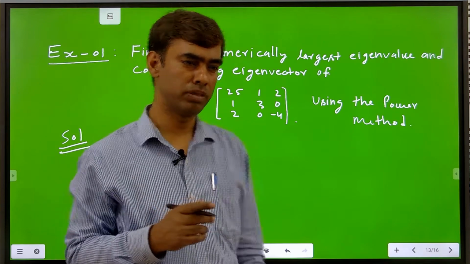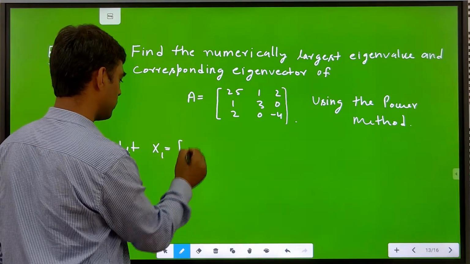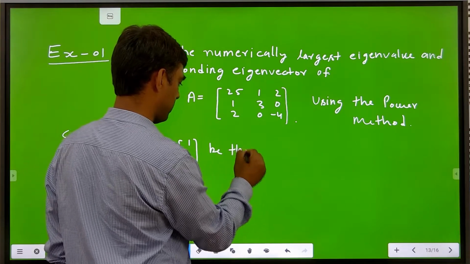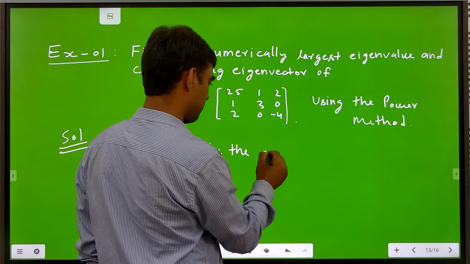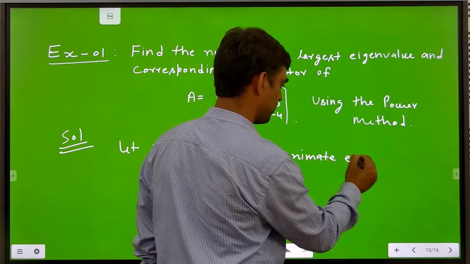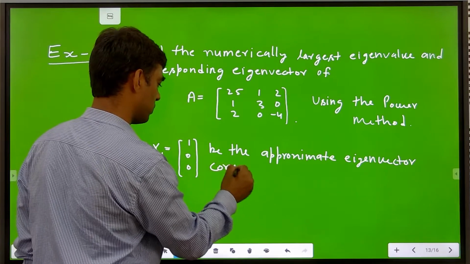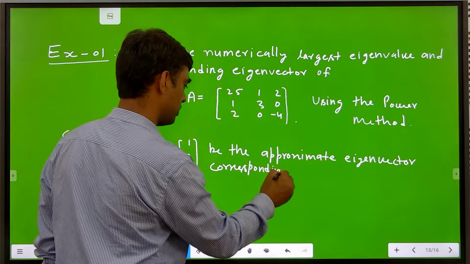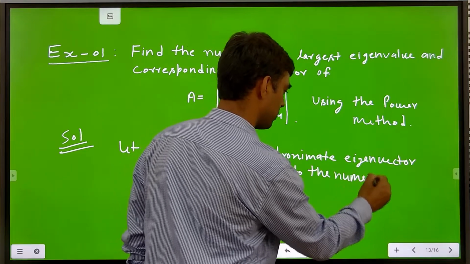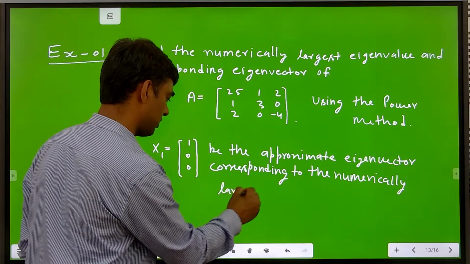So, here let x1 equal 1 0 0, the approximate eigenvector corresponding to the numerically largest eigenvalue.